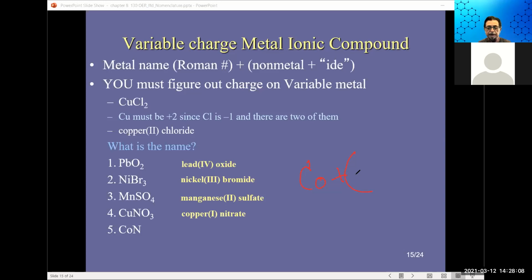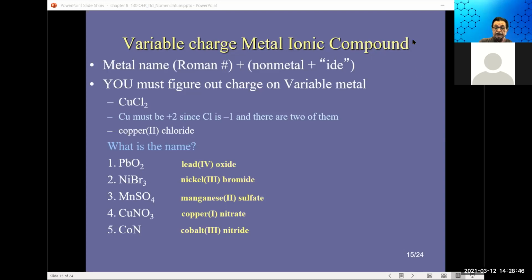It's the single element itself. And it's in group 5, which tells us it has a -3 oxidation state. Therefore, this cobalt must be a +3, and therefore we're using Roman numeral 3 in parentheses for the name. So this would be cobalt, Roman numeral 3, nitride. There's a good example of the nitrate and the nitride right next to each other.